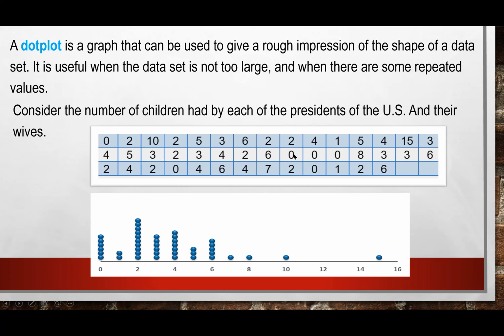Looking at this, I have 1, 2, 3, 4, 5, 6 at 0, and that's why at 0 I have 6 presidents who had 0 children, right? So again, 1, 2, 3, 4, 5, 6, each dot represents one data. In this case, I have 6 dots, right?